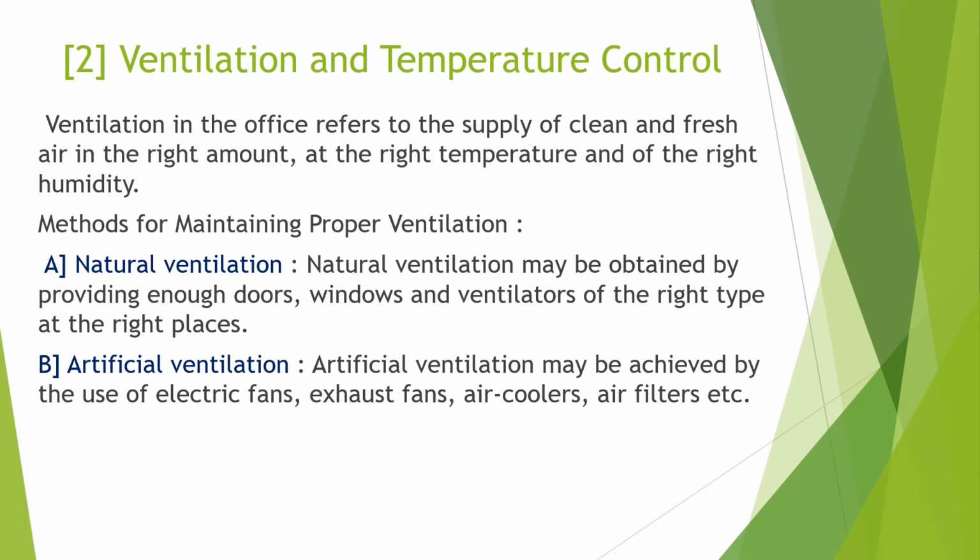The first is natural ventilation. Natural ventilation may be obtained by providing enough doors, windows, and ventilators of the right type at the right place. They ensure a regular flow of fresh air from the outside.